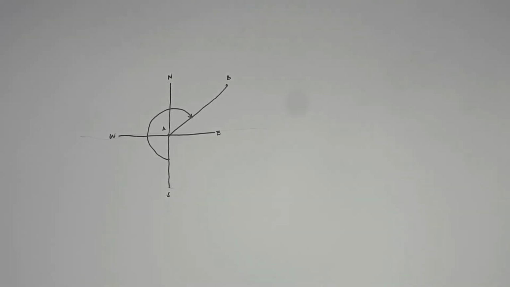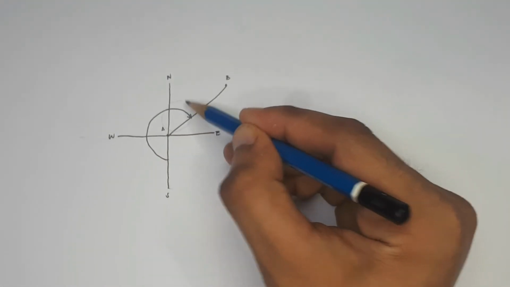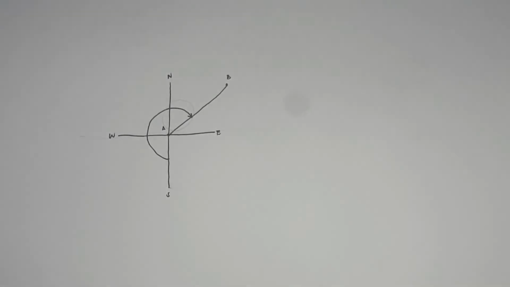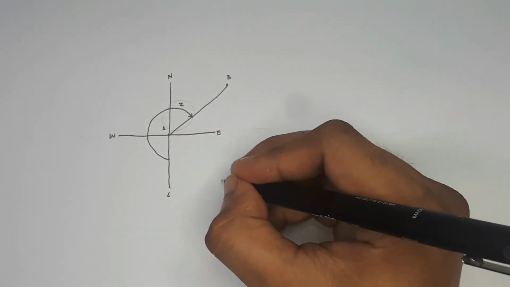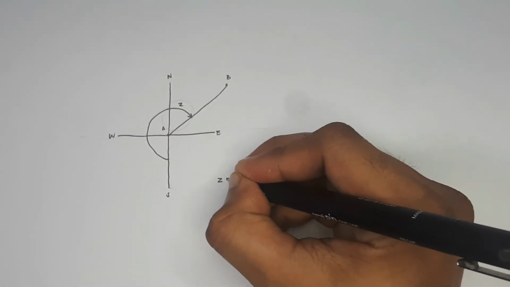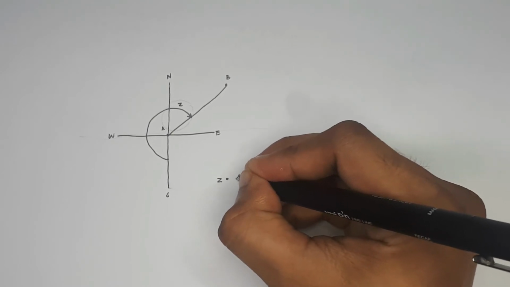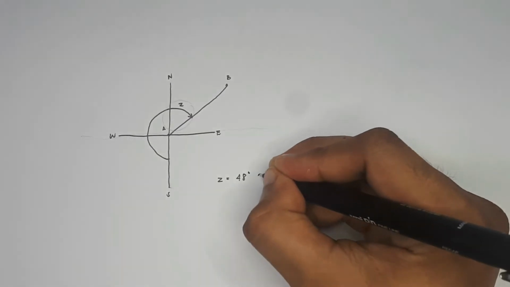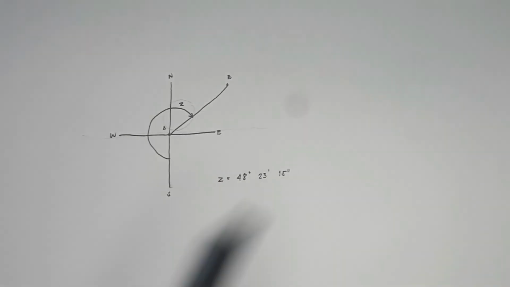So this angle here will be given, and this will be named as angle Z. So we will assume that angle Z is equal to 48 degrees 23 minutes and 15 seconds.